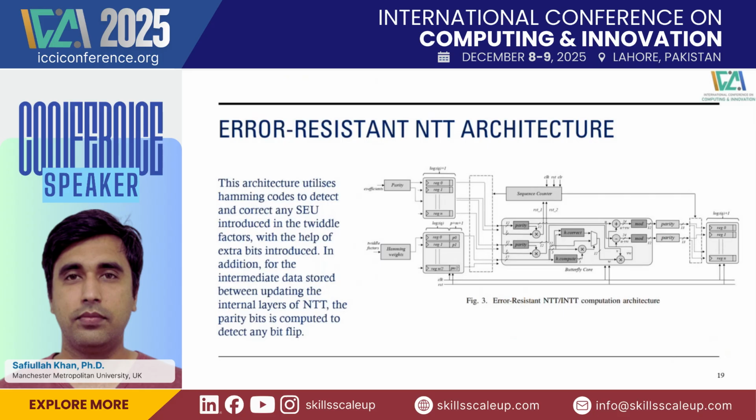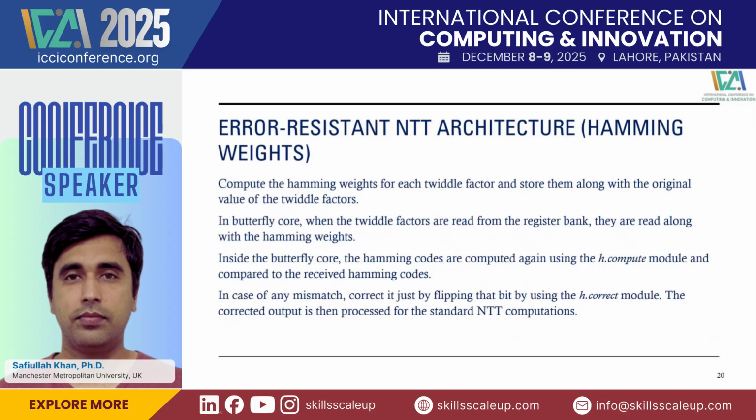So the architecture shown here introduces extra capabilities of error detection and correction as well. We compute the Hamming weights for each twiddle factor, and we not only save the twiddle factors, but also save their Hamming weights as well.